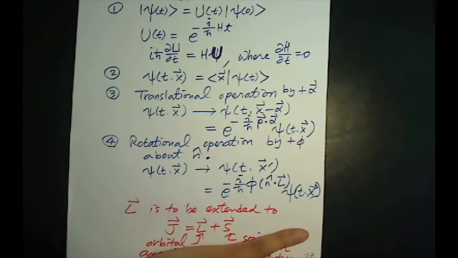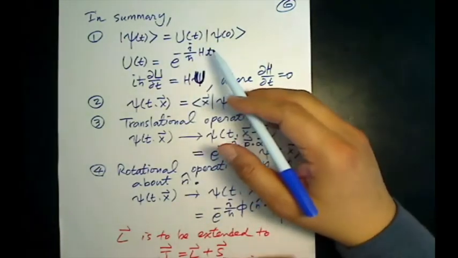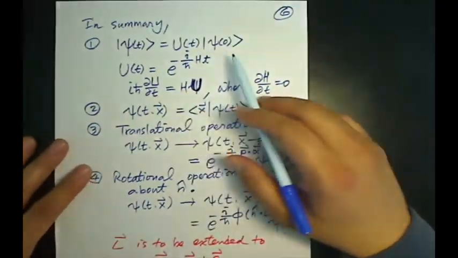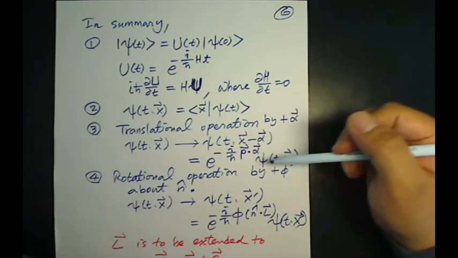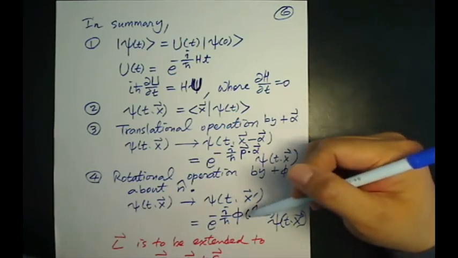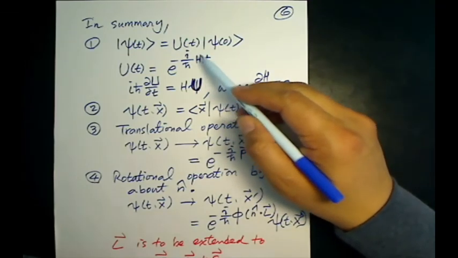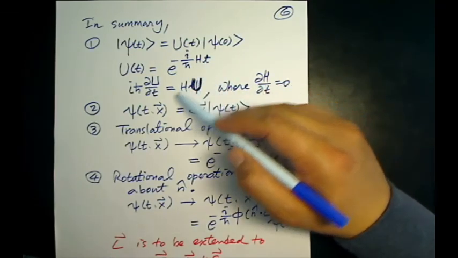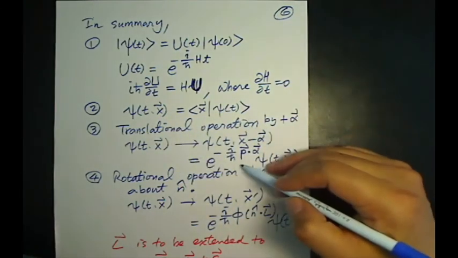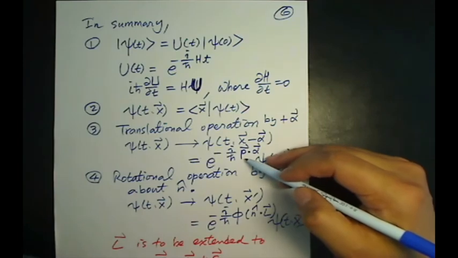We find the time evolution operator has a similar structure to the translational operator and the rotational operator. The time evolution operator has a generator, which is the Hamiltonian of the system. The translational operator has a generator, which is the linear momentum operator.